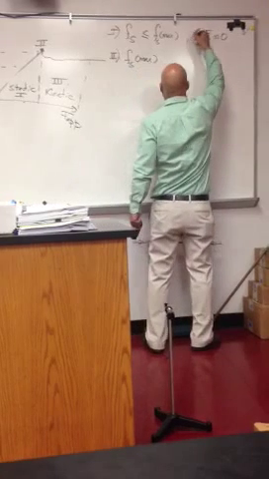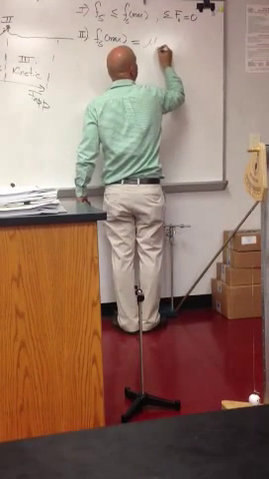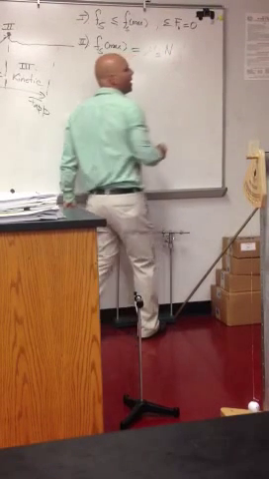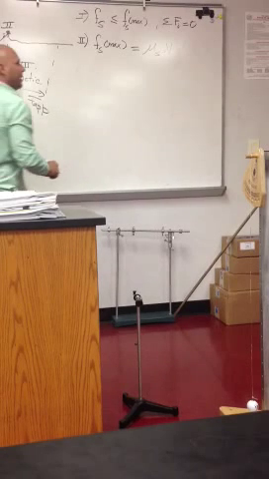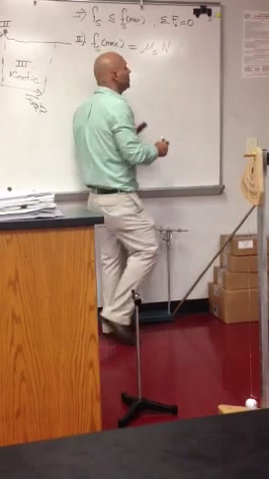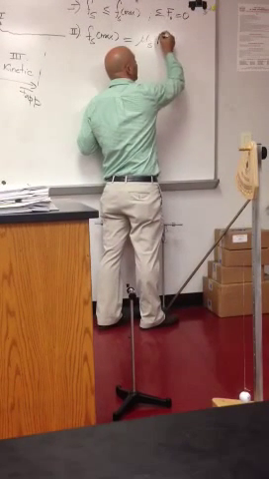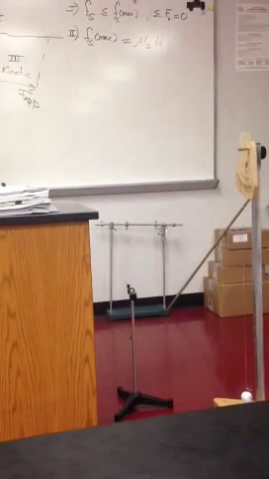So my Fs max will be equal to mu_s N. N is the normal force. Sometimes, instead of labeling Fn, we label N, capital. This means the normal force. Like tension is capital T, N is capital N.